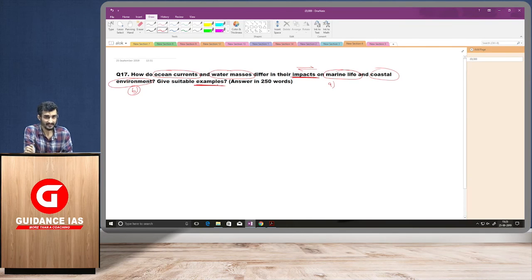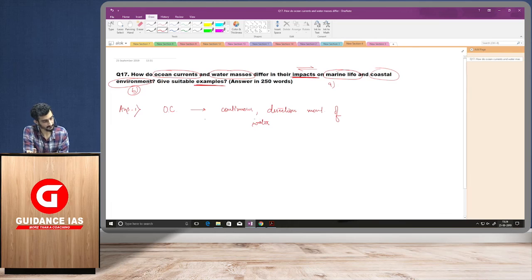So there is no need to give a current affairs related introduction in this kind of question. You just directly write, because it's a large question and it requires much space and time also. So you can write what ocean currents are. Ocean currents are what? These are continuous and directed movement of water.